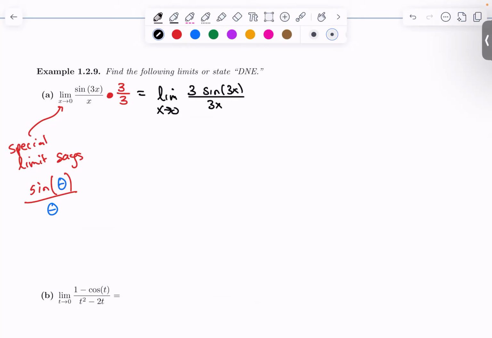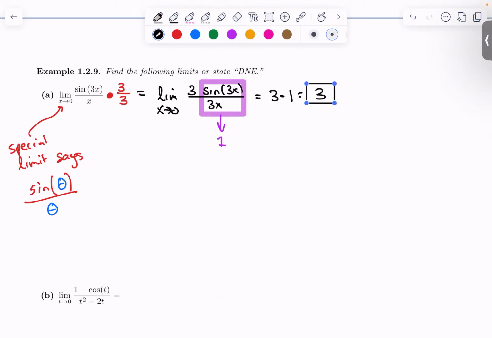Sine of 3x over 3x goes to 1. So this equals 3 times 1, which is 3. You don't need to write the 3 times 1. I was just mentioning that so that we know the 3 was a constant, so we ignored it. And sine of 3x over 3x equals 1 when you take its limit as x approaches 0.